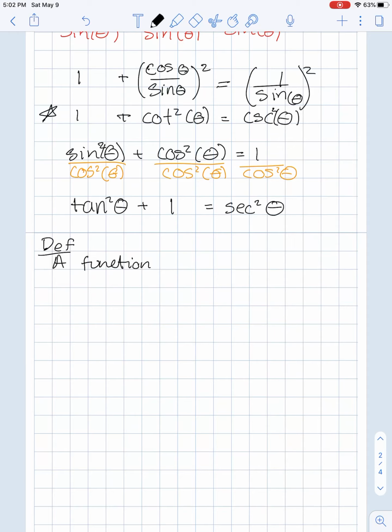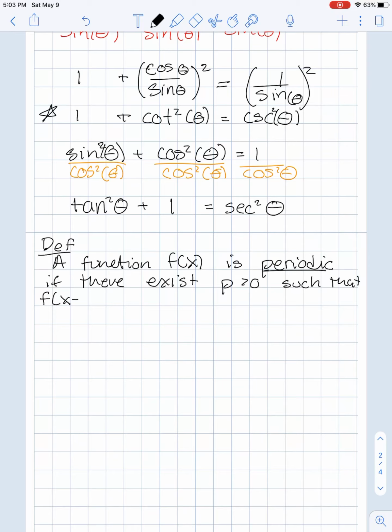A function f of x is periodic if there exists a p greater than 0 such that f of x plus p equals f of x for every x.